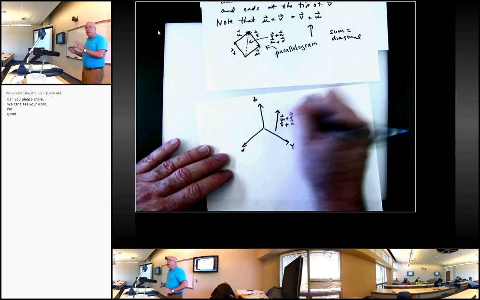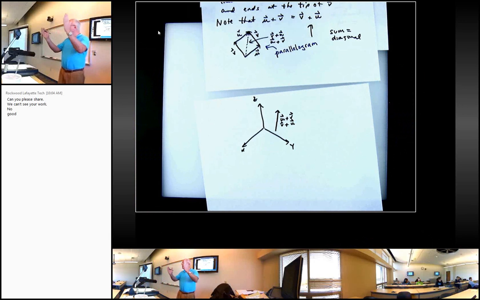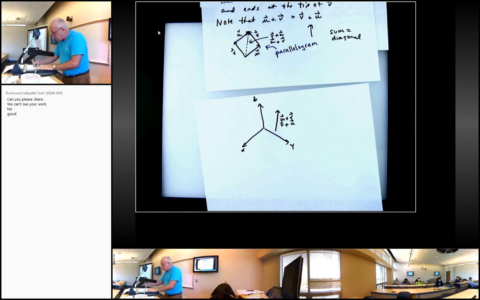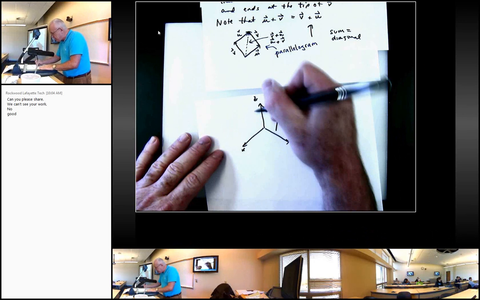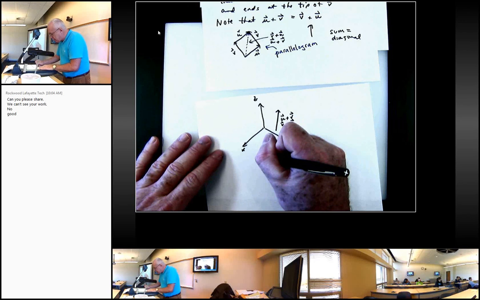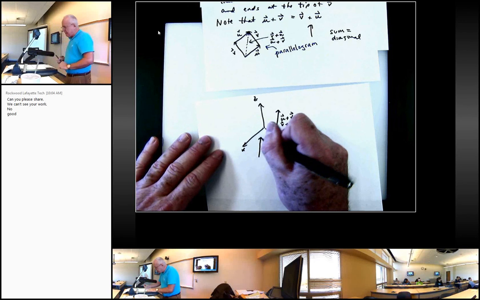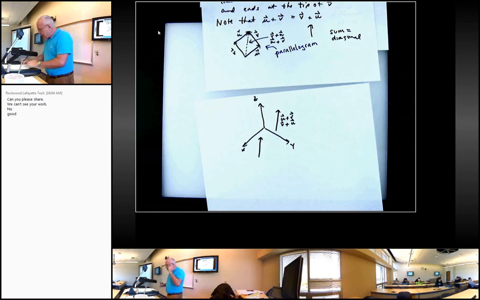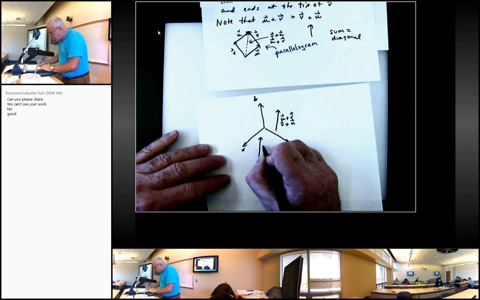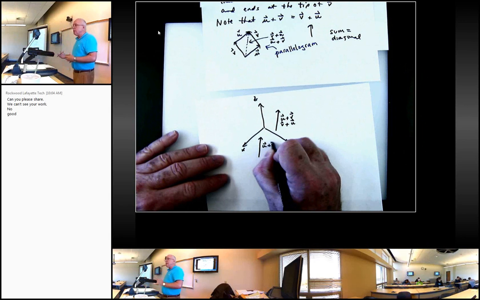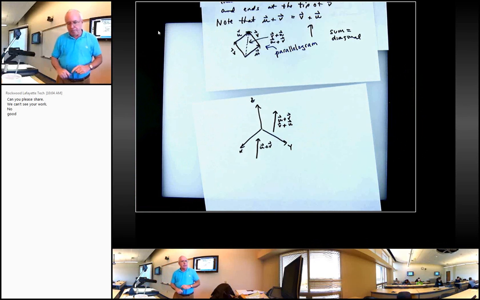But it's not stuck in that space. As long as we have the same length and the same direction, we could just as well put that same vector, let's see if I can draw something that looks the same as that. It's a little bit off. This could also be u plus v. Same direction, same length. Okay. All right.